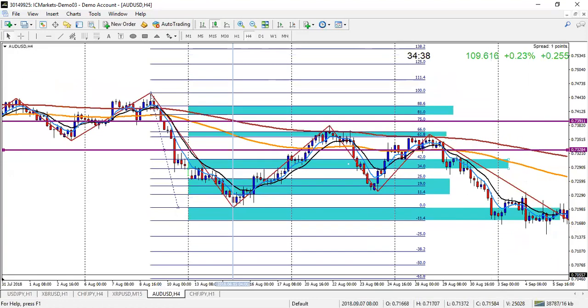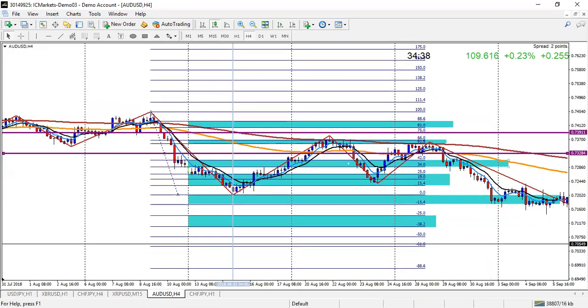And let me draw for you. We also have a couple more zones. Go from negative 25 to negative 38.2. And we have another zone here at 61%, which should be between 61% and 75%.